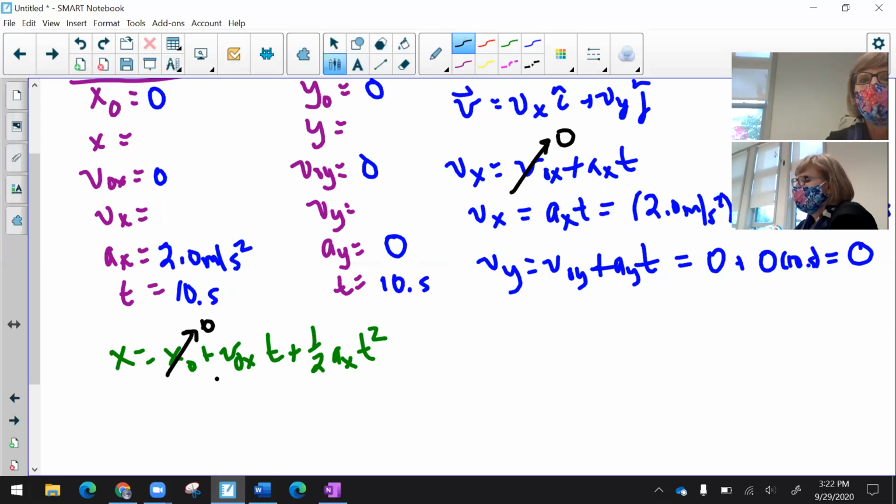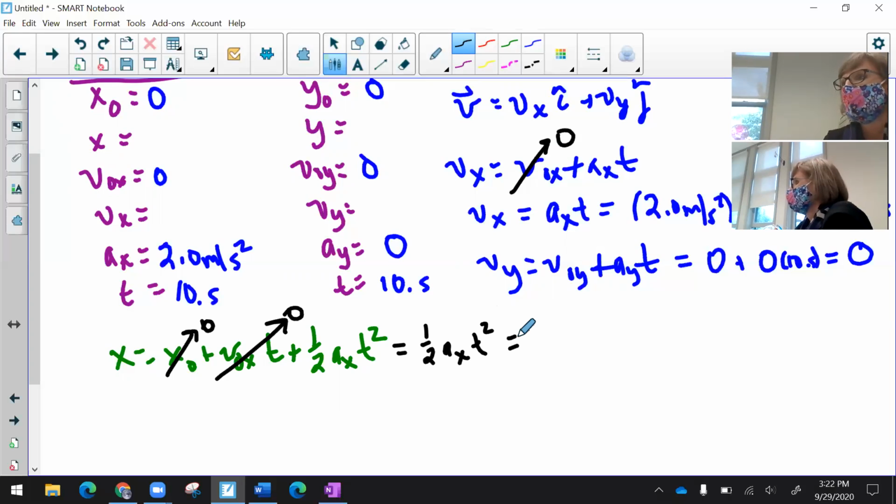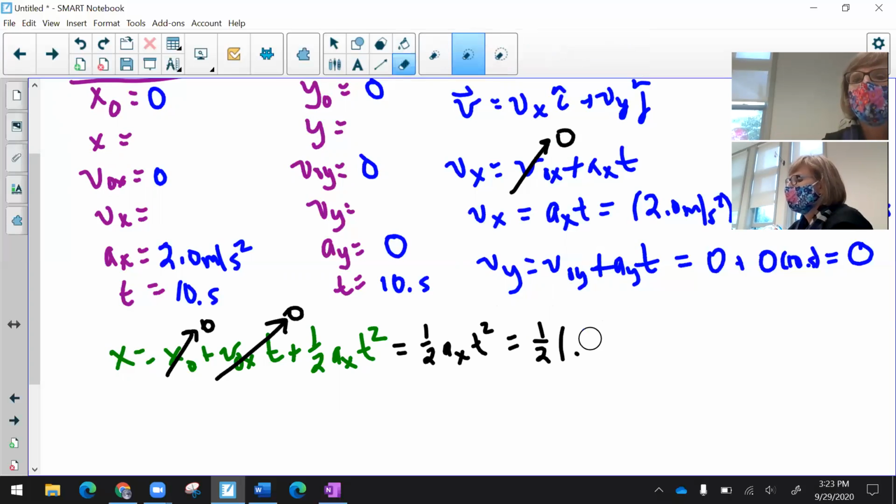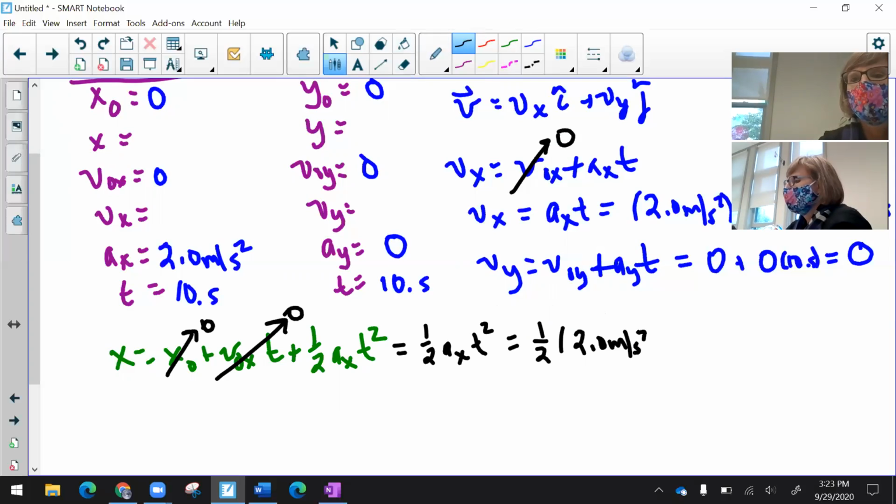X0 is 0, V0x is 0, so that whole term goes away. And I just have 1/2 ax t squared. So ax is 2.0 times 10 seconds squared. Again, you do not need your calculator.